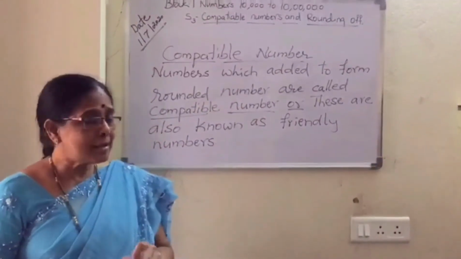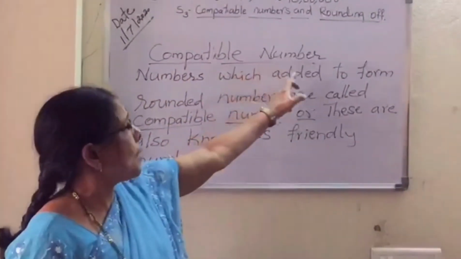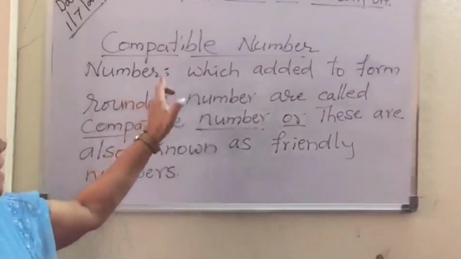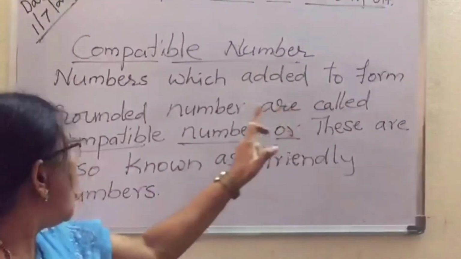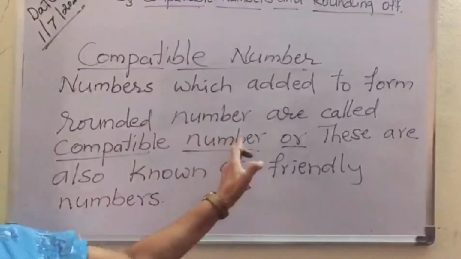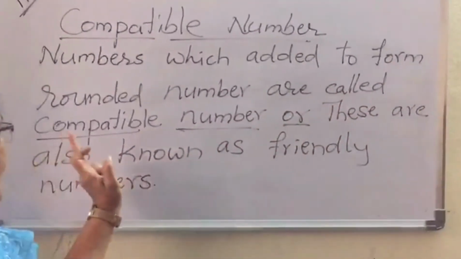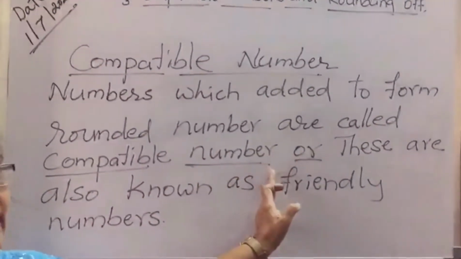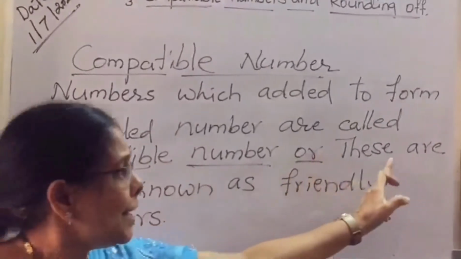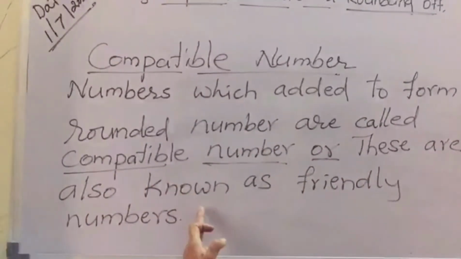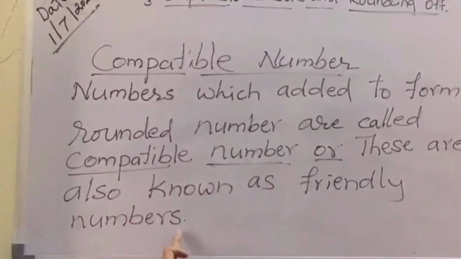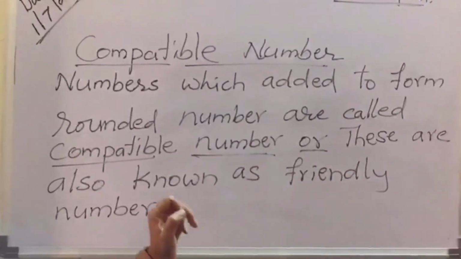Now, what did you understand, children? Compatible numbers means numbers which, when added, form a rounded number are called compatible numbers, or these are also known as friendly numbers. Once again, I'll read, children.